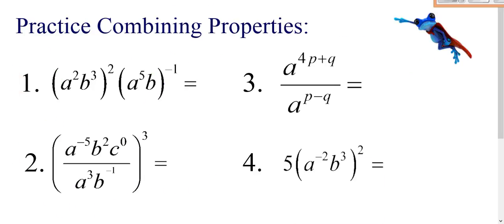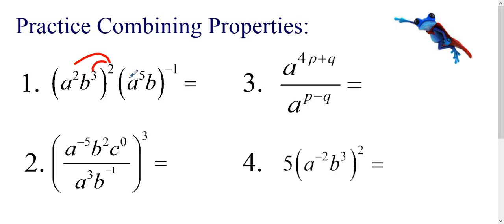So we'll do some problems where we put everything together. A lot of the properties all in one. So just like any math problem, you would follow order of operations. So you do parentheses first, and then all of this is exponents. So we're going to deal with the parentheses first.